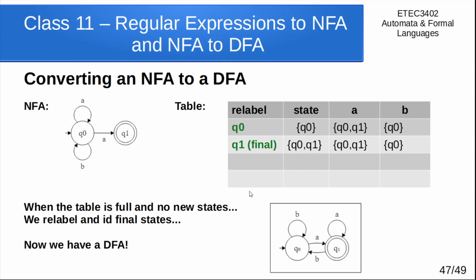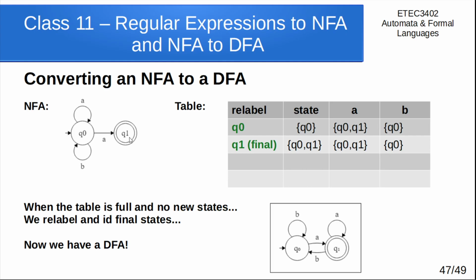And you might say, well, what if this keeps going on forever? What if it just keeps making states and states and states? The answer to that is it really cannot do that. There's a couple reasons for that, but the main reason is, if you think about the set of possible subsets of states that you could have, that has to have a limit.